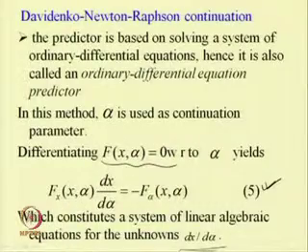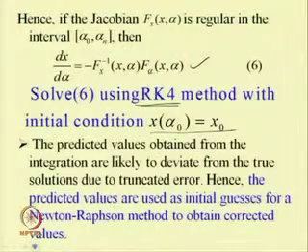But in the case of Newton's continuation technique, we differentiated the field equation with respect to the continuation parameter, and we got a system of linear algebraic equations. We then solved this equation using an ordinary differential equation to find the initial guess, and then by solving those equations we obtain the corrected value. In this way one can get the next iteration points.